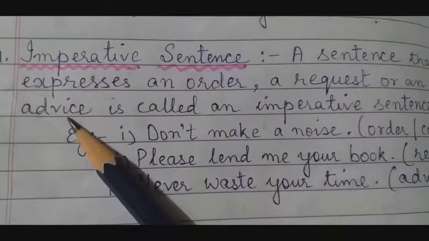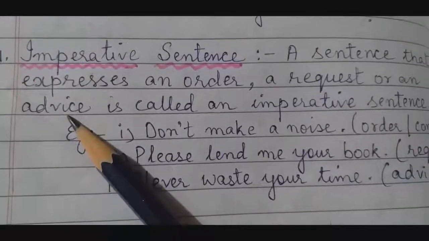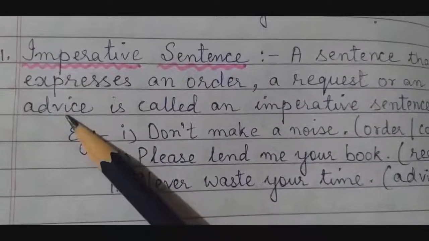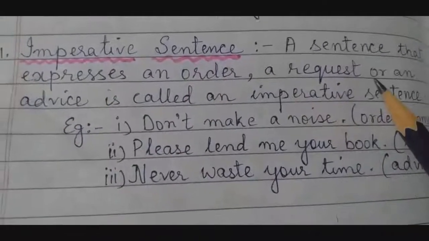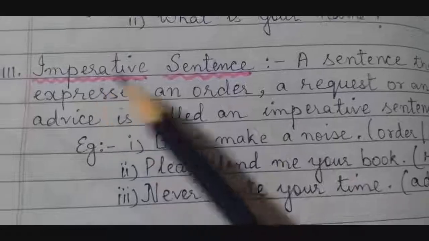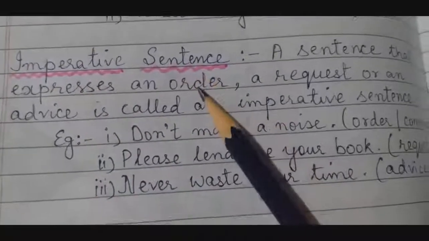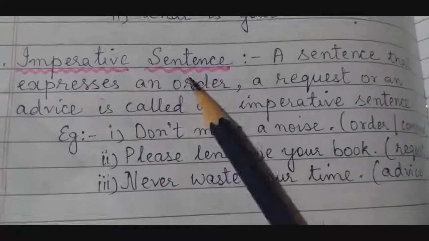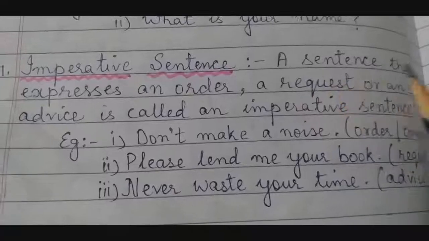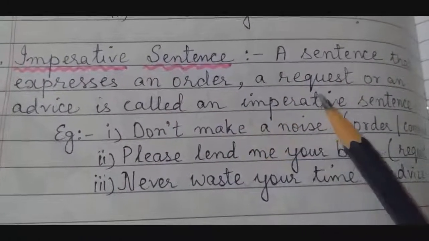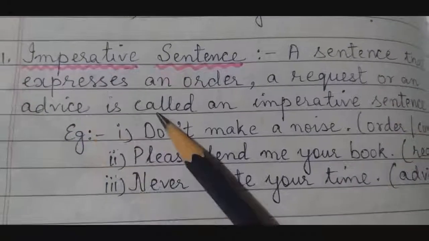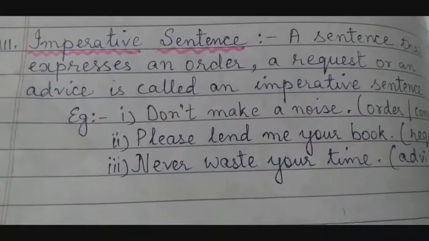Advice means सलाह देना, to give an advice to somebody. That is called advice. Fine? So all this comes under an imperative sentence. Let's read once again: a sentence that expresses an order, a request, or an advice is called an imperative sentence.